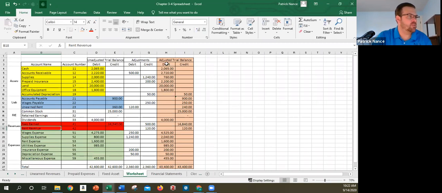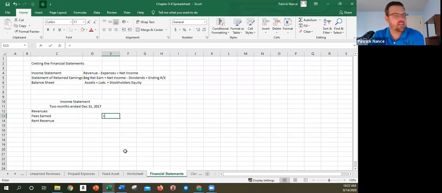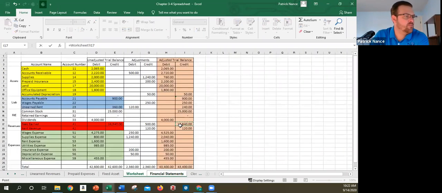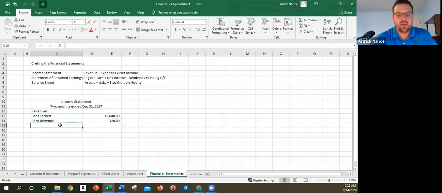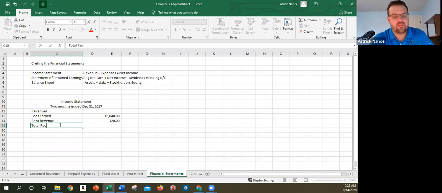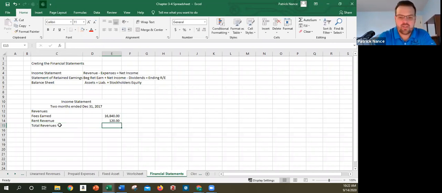But the other thing you need to do is make sure to take the adjusted balances, not the unadjusted balances. These are the accounts, these are the unadjusted balances, these are the adjustments, and these are the adjusted balances on your right-hand side. So I'm going to take the adjusted balances, 16,840 and 120. I don't have any other revenues, so I can go ahead and total up my revenues now. Total revenues is just the 16,840 plus the 120.